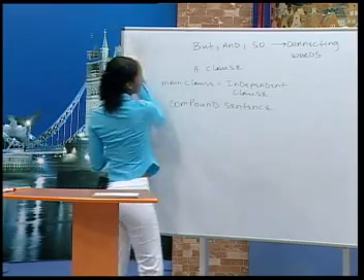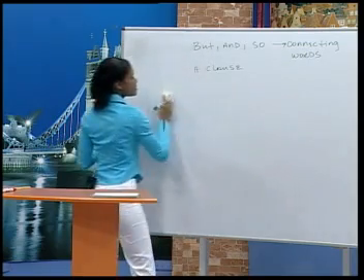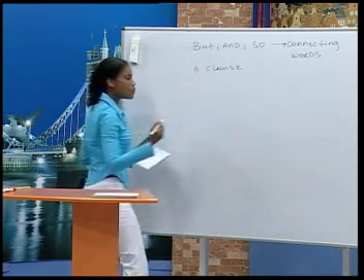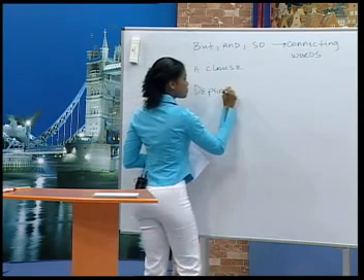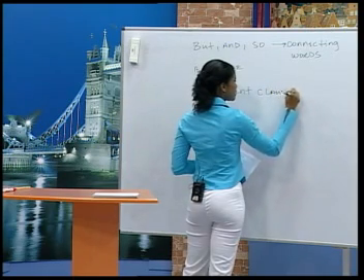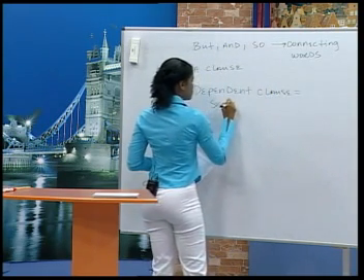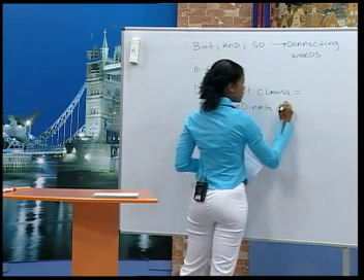So, when we have a second part or a part of the sentence that is not complete on its own, we call that a dependent, sometimes called a subordinate clause. Okay?